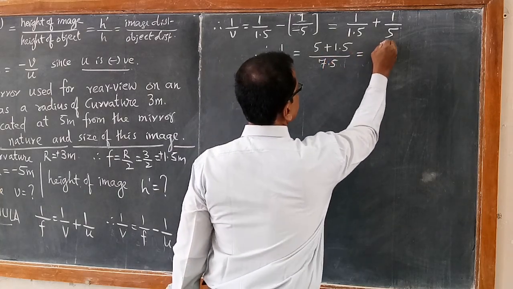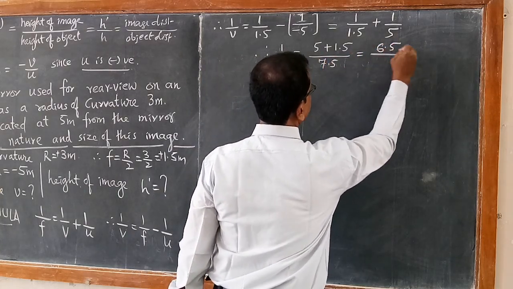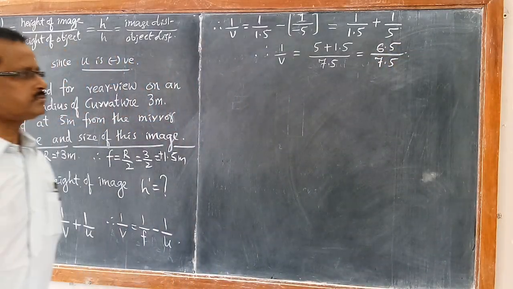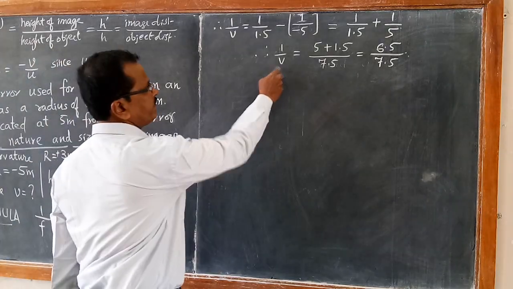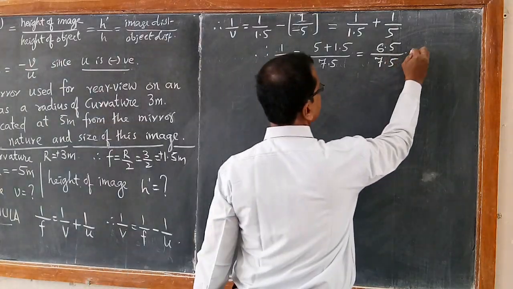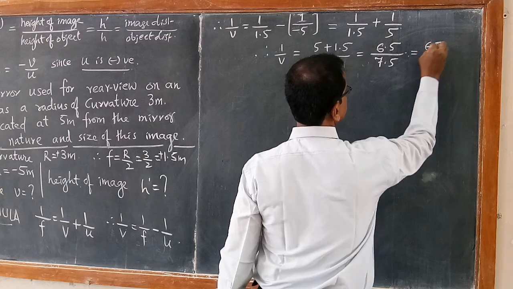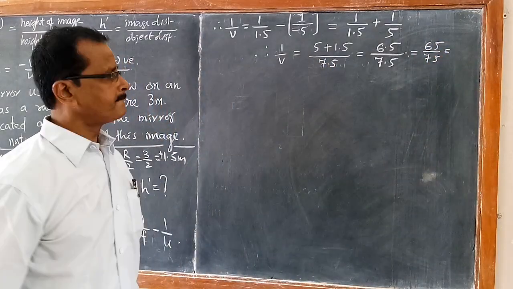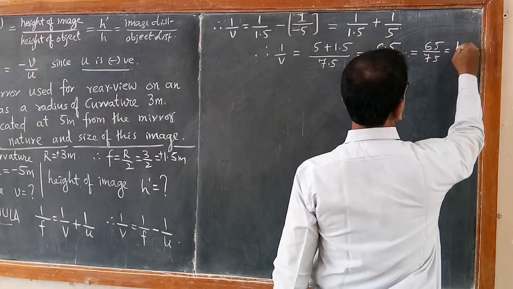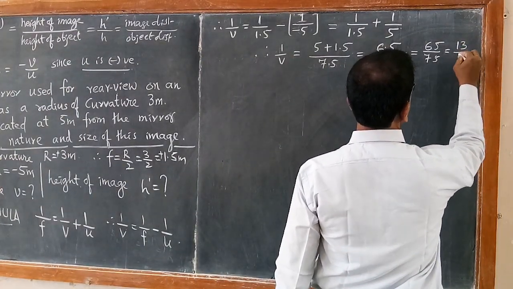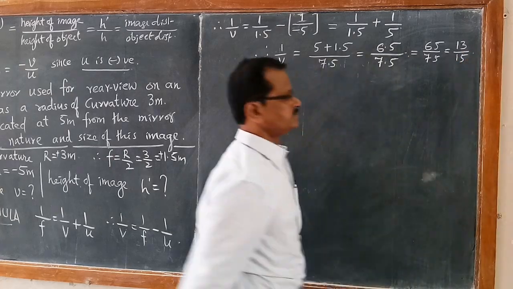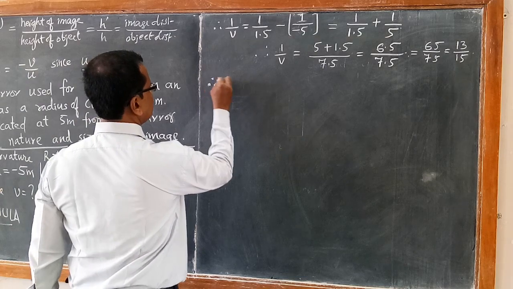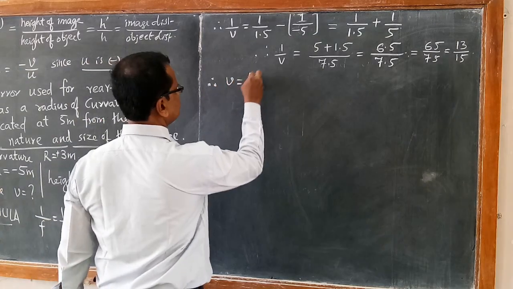So you are getting 6.5 divided by 7.5. 6.5 by 7.5 can be written as 65 by 75. If you cancel using 5, it is 13 by 15. But we want v, it is 1 by v. Therefore, v equal to 15 by 13.